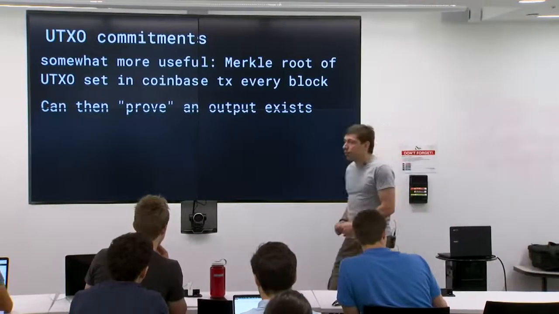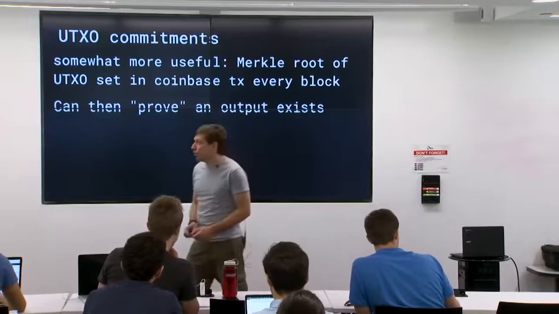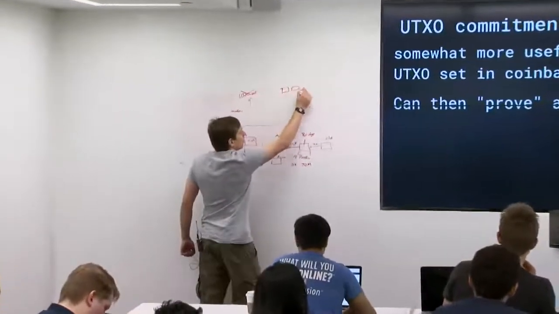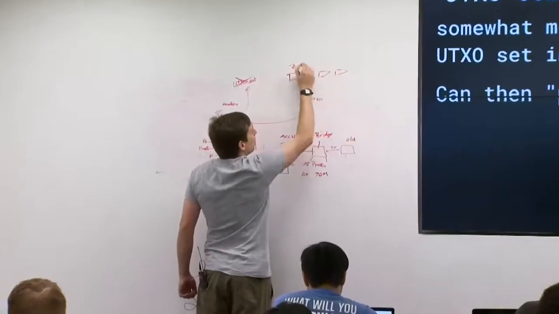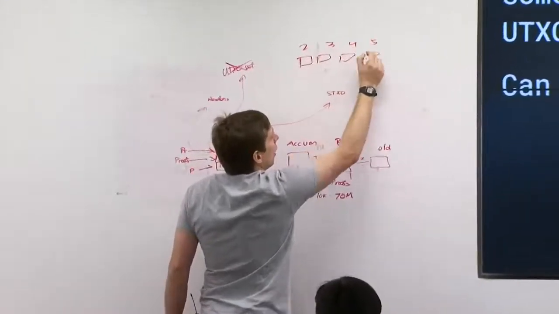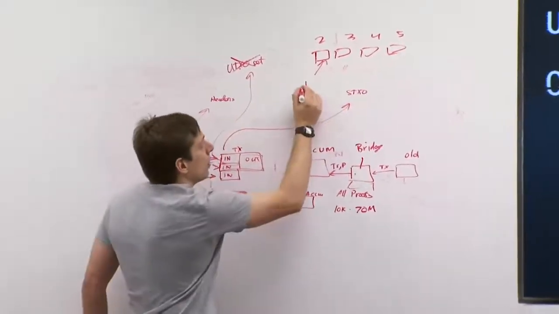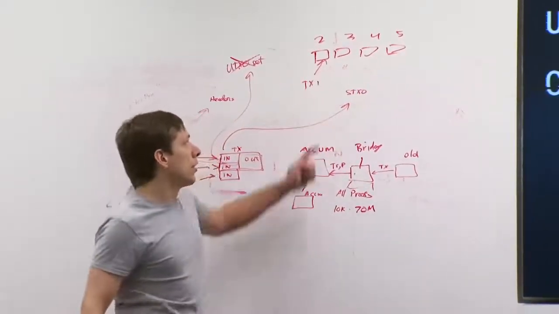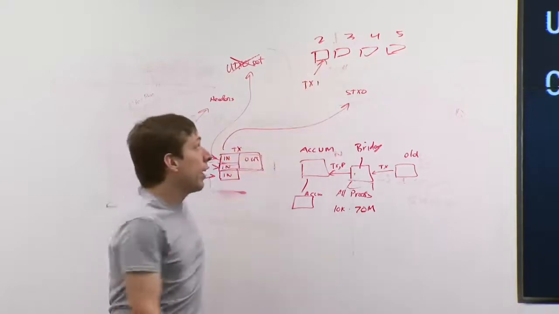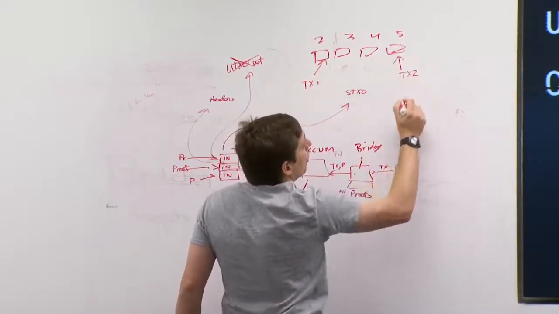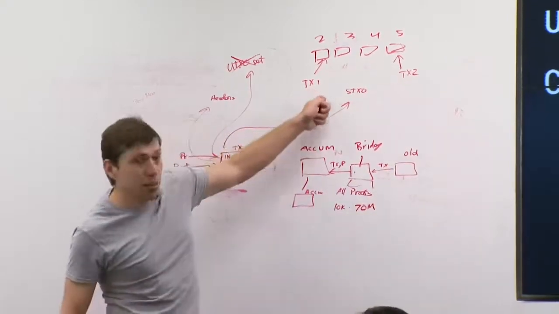Currently you can prove that a transaction exists at a block height. And you can also prove that a transaction was consumed at a certain block height, right? So if you have all these different blocks, 2, 3, 4, 5, you can say, here's a Merkle proof that transaction 1 was included in block 2. And then here's transaction 2 that consumes one of the outputs from transaction 1.